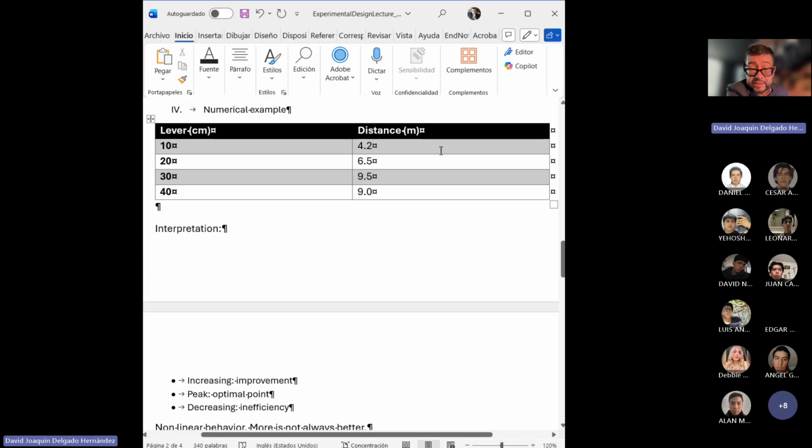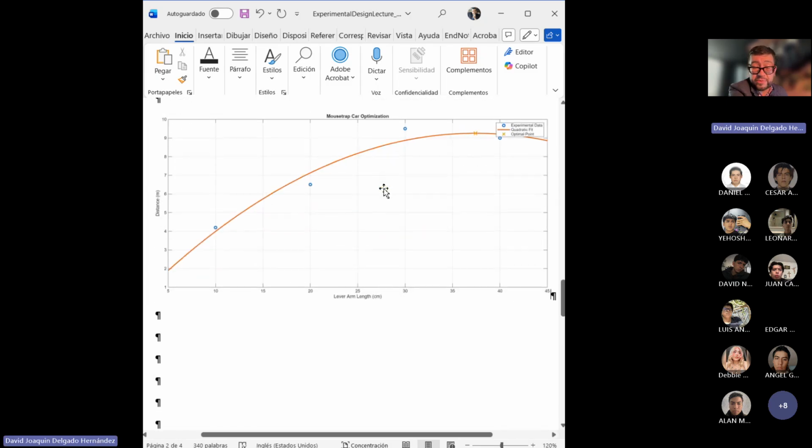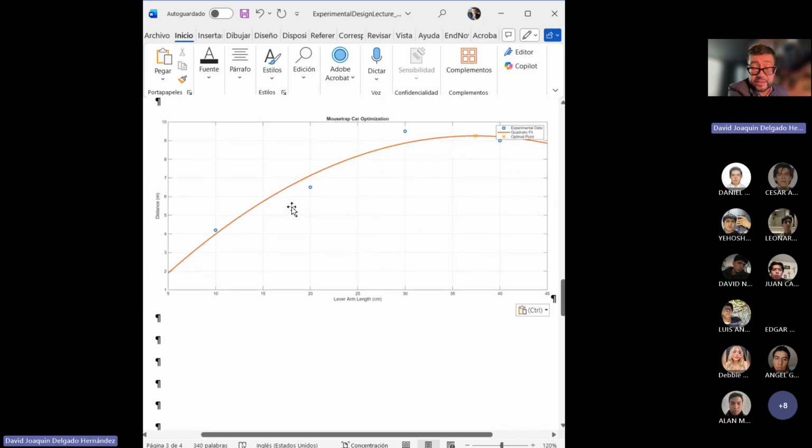And these are the distances 4.2, 6.5, 9.5, and 9.0. If you put this in this graph, you can see that for 10, you have 4.2. Here it is, this blue dot.